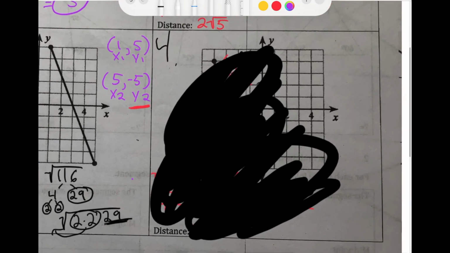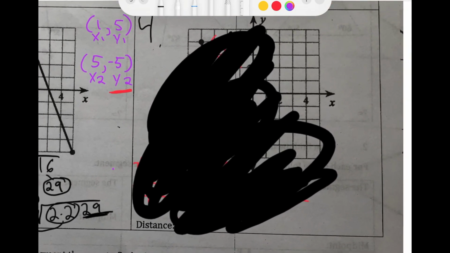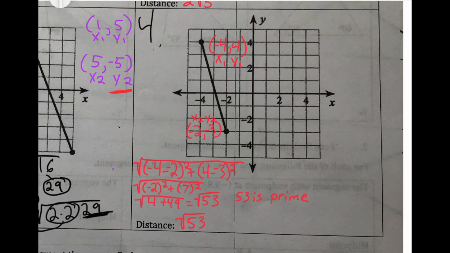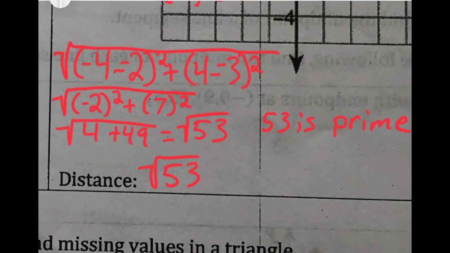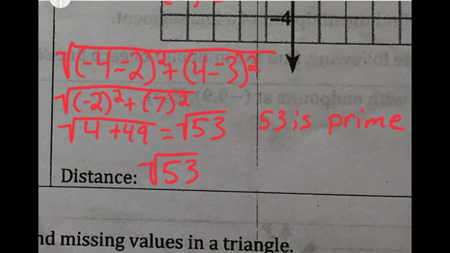For number 4, you should have gotten the distance of the square root of 53. Zoom in just a little bit, just making sure you can see it.